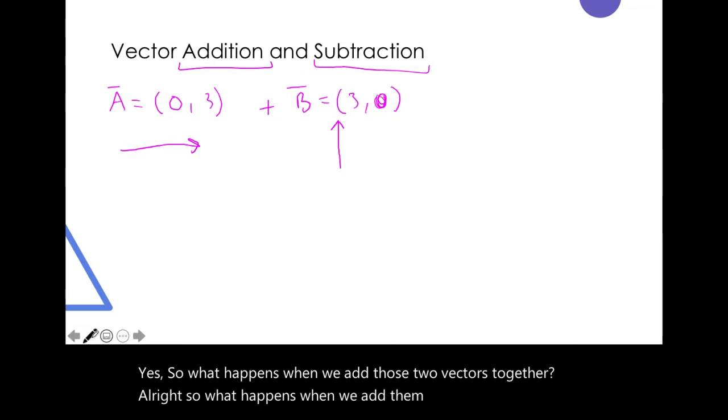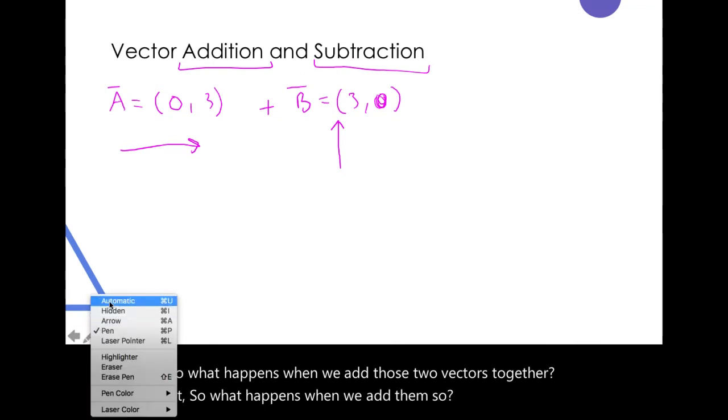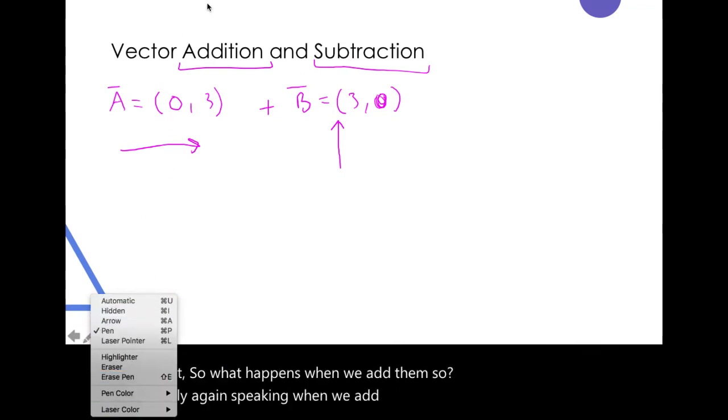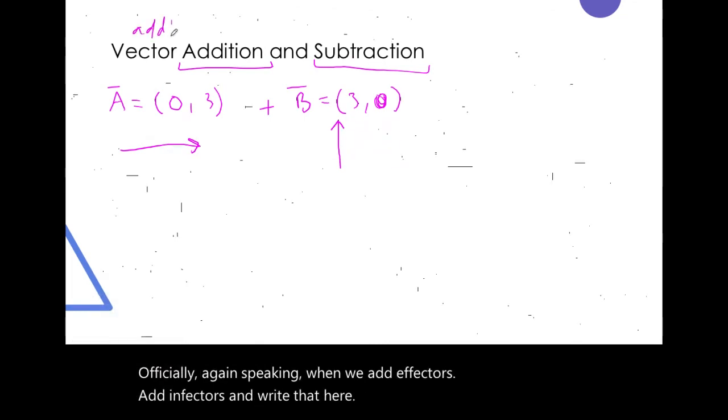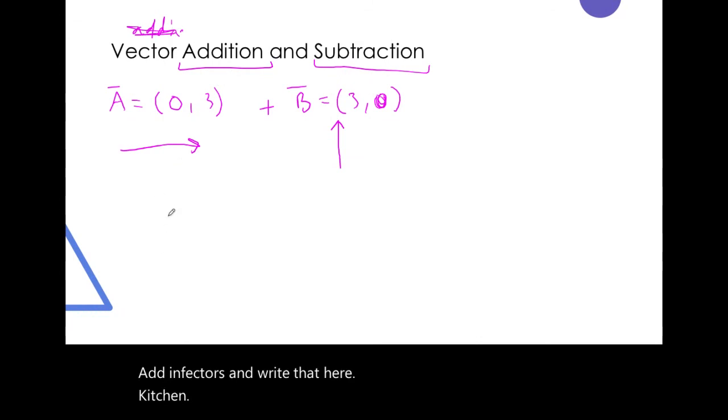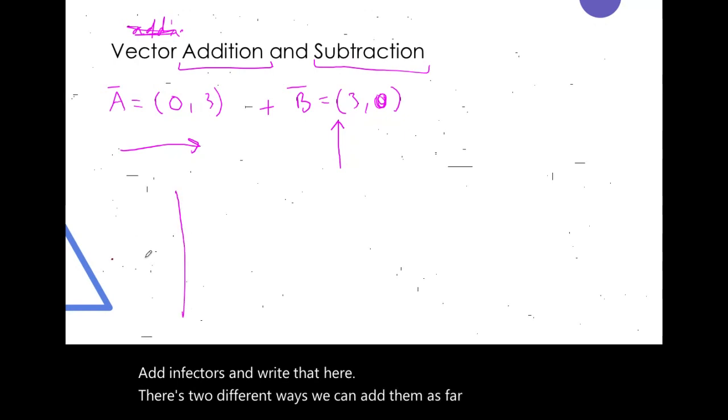Visually speaking, when we're adding vectors, let's do it on the picture. There are two different ways we can add them as far as visual representation.